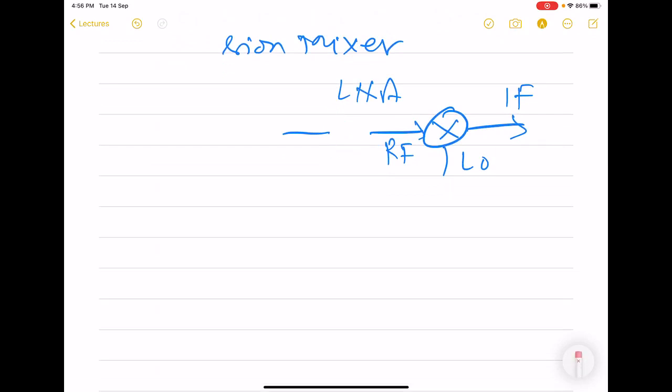To find out the noise factor, we need to find the ratio of SNR, the output SNR to input SNR.